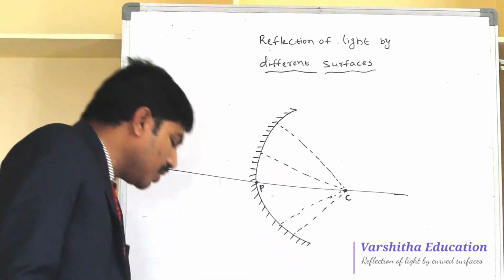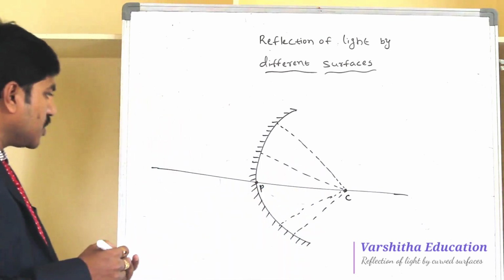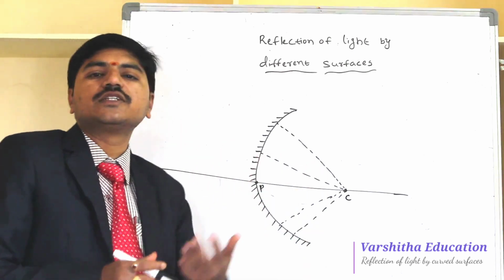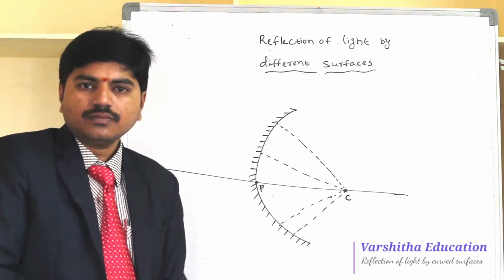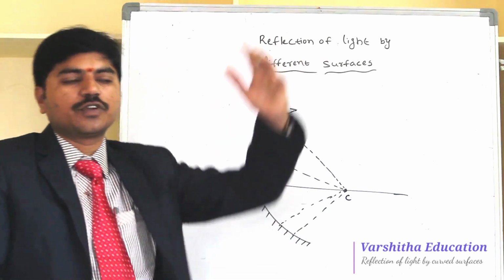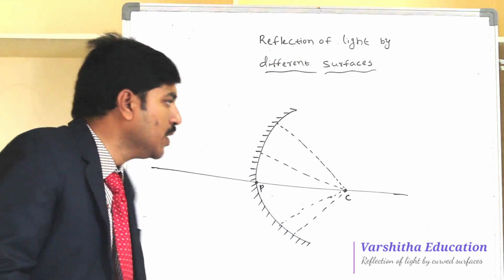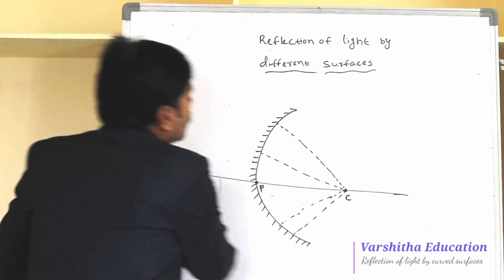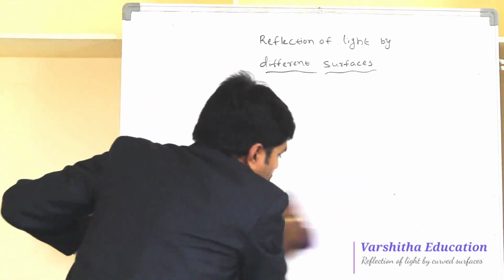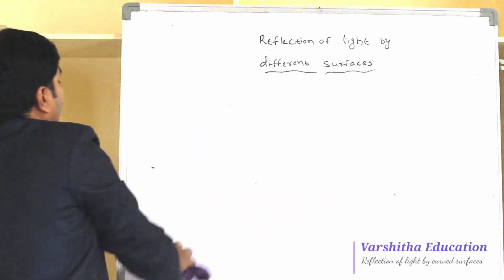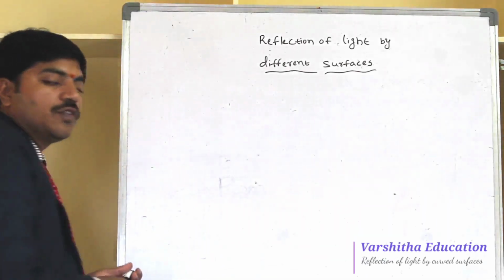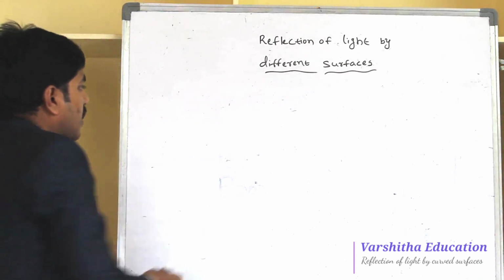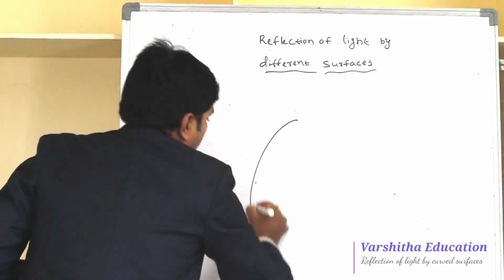Then, if you consider any ray of light coming from infinity, we don't know where it is coming from. Then I can show where the reflected light and the image will form in one place. See, this is a curvature.